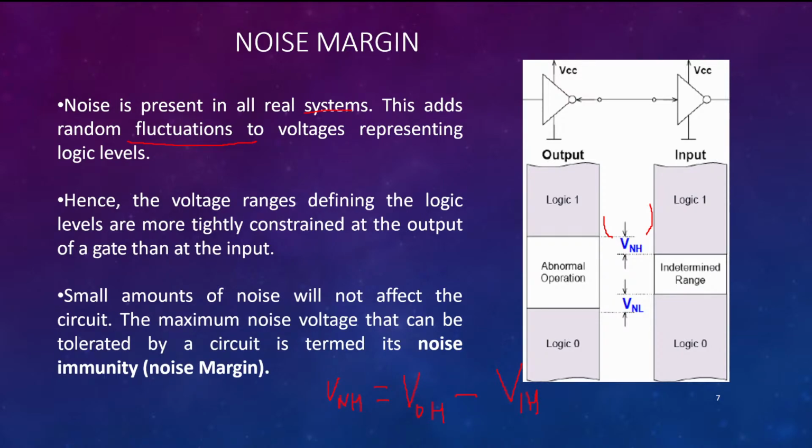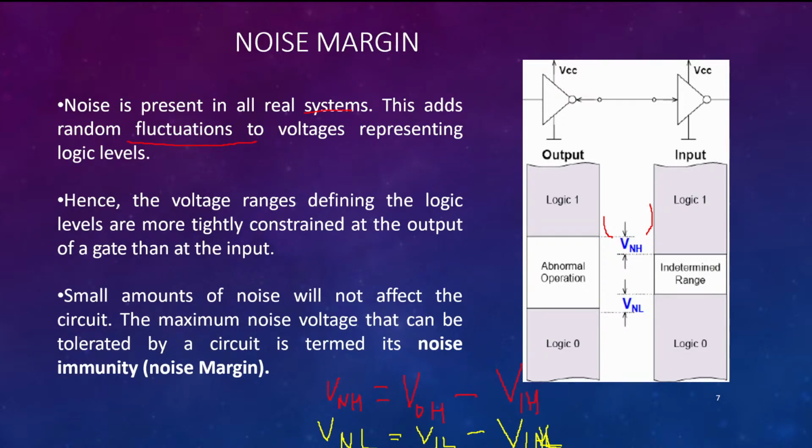So noise margin in logic 1 is VNH, and noise margin in logic 0, that is VNL, is equal to, what would it be? Yes, it would be low level input voltage VIL minus low level output voltage VOL, right?